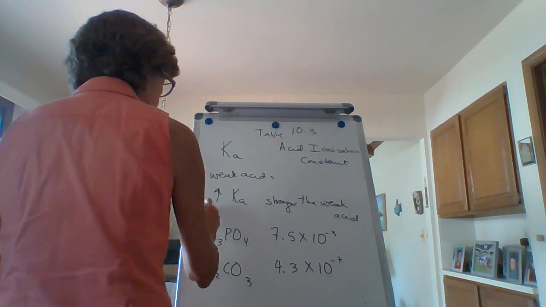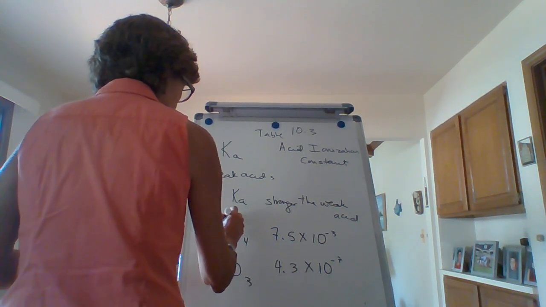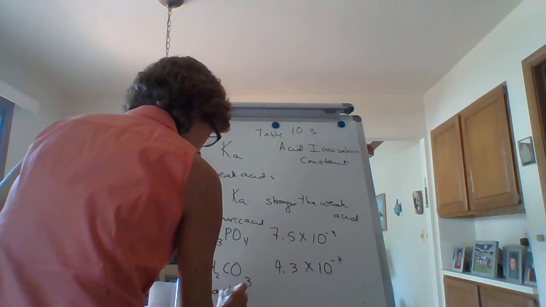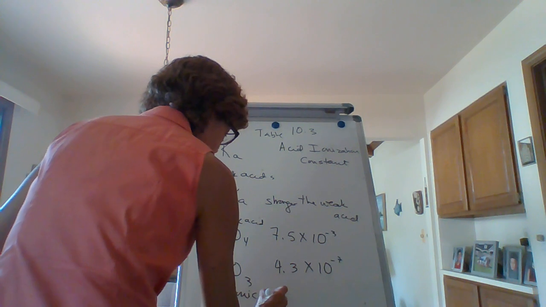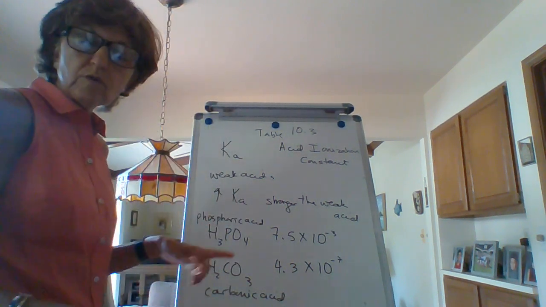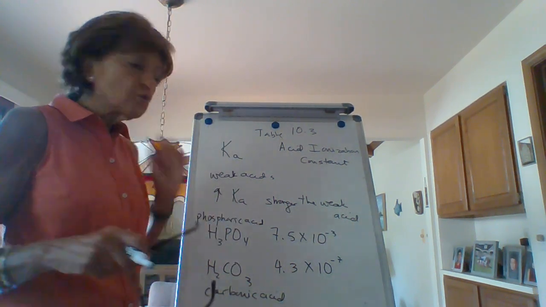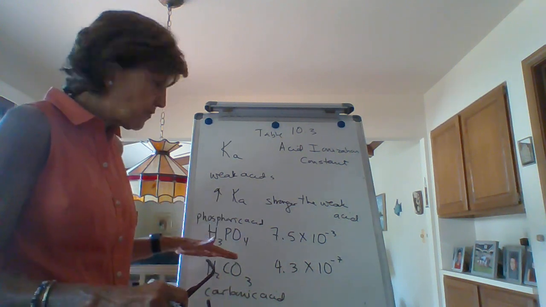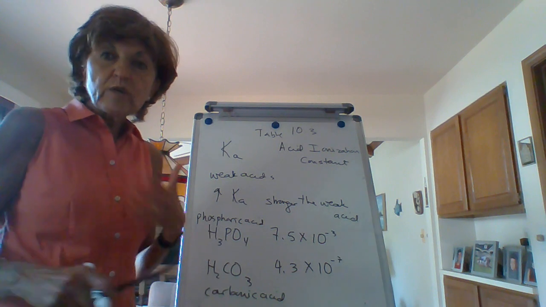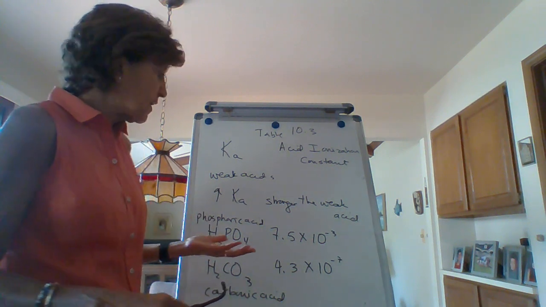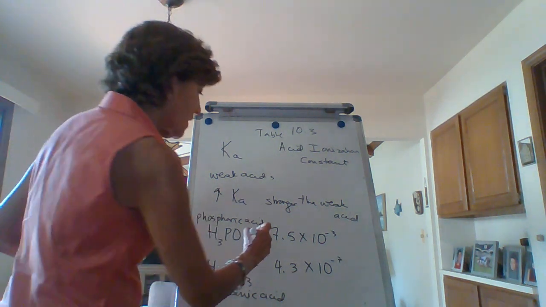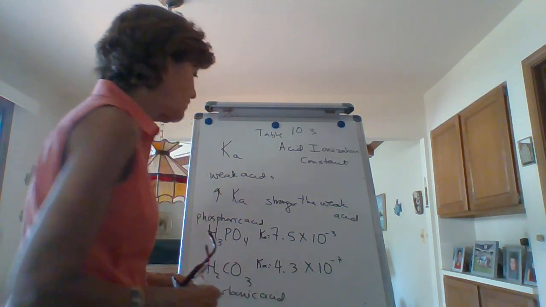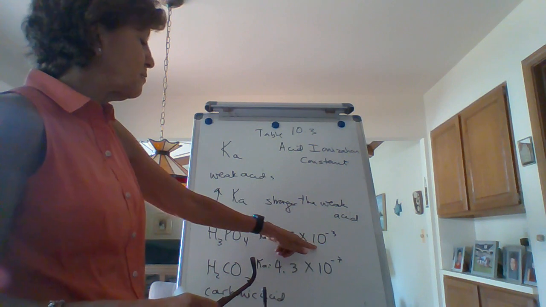This one is phosphoric acid, and this is carbonic acid. You can see that neither one of them is one of the 7 strong ones. So these are 2 weak acids. So if you're comparing the 2 weak acids and someone asks you which one is stronger of the 2 weak acids, you can see here from the Ka value, the acid dissociation or ionization constant, this is a bigger number than this.